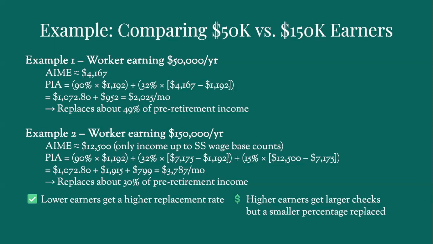So lower earners get a higher replacement rate. Higher earners get bigger checks, but they get a smaller percentage replaced. The system was designed that way for a couple of reasons. The thought process was, if you're making $150,000 a year, you'd have more discretionary disposable income to put money in a 401k or to invest in other sources.